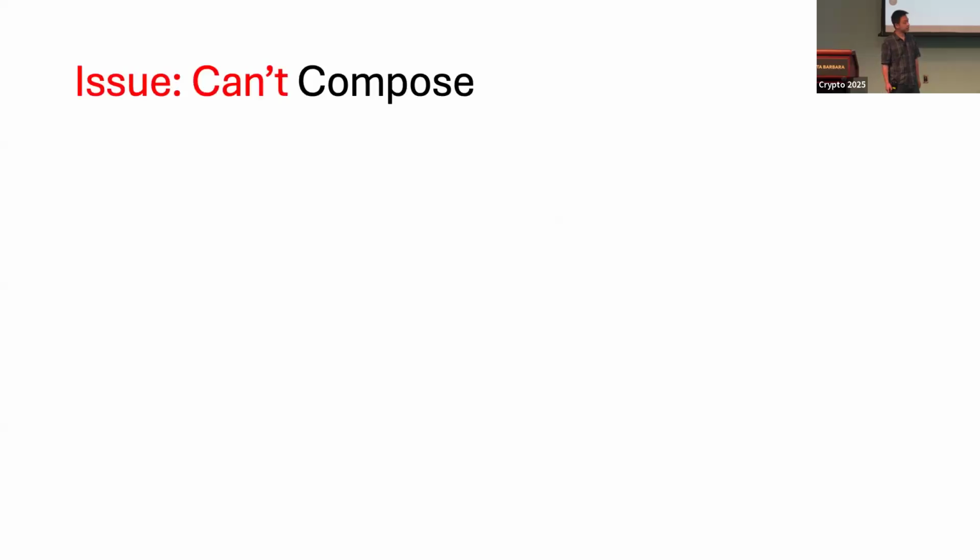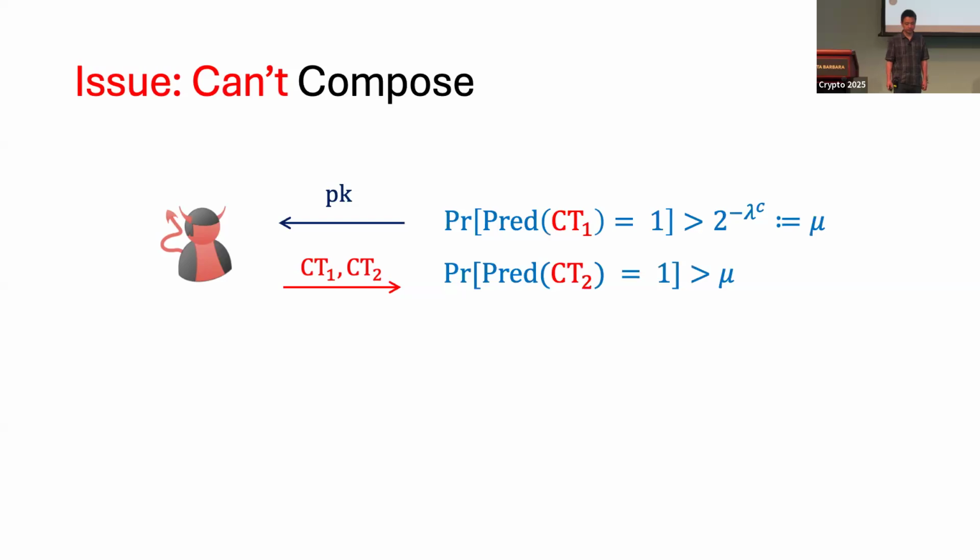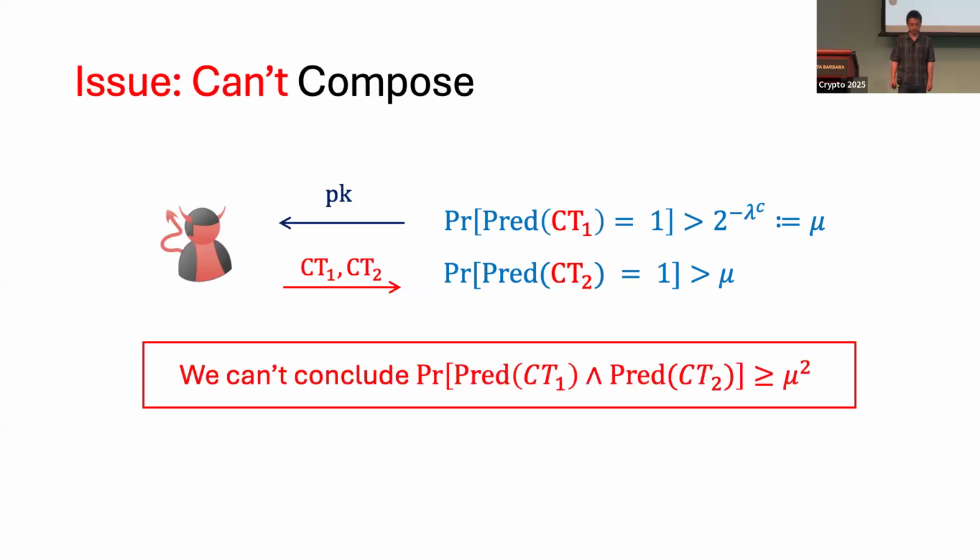The issue with this definition is that the probability cannot compose. For example, consider an adversary which can evaluate two ciphertexts, CT1 and CT2. From this sometimes decryptable property we just defined, we can only argue that each ciphertext satisfies this predicate with some probability mu.